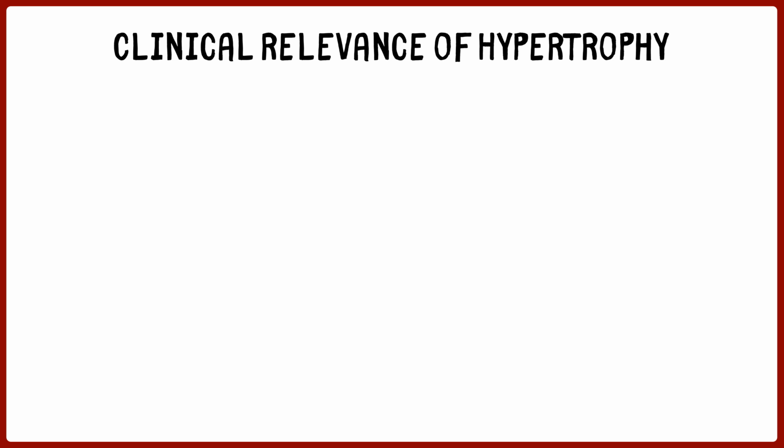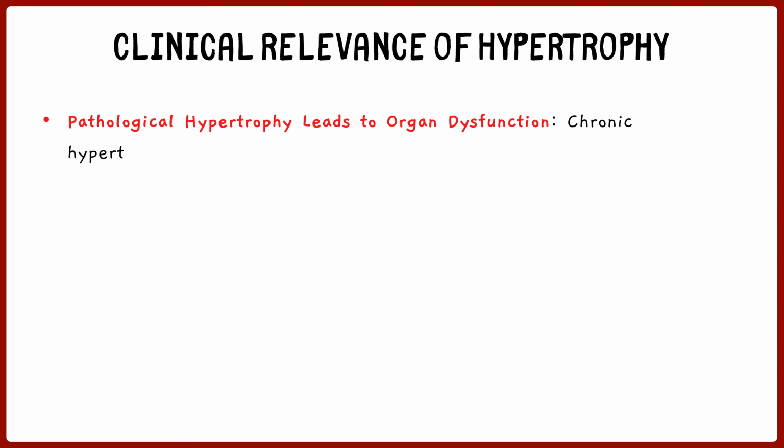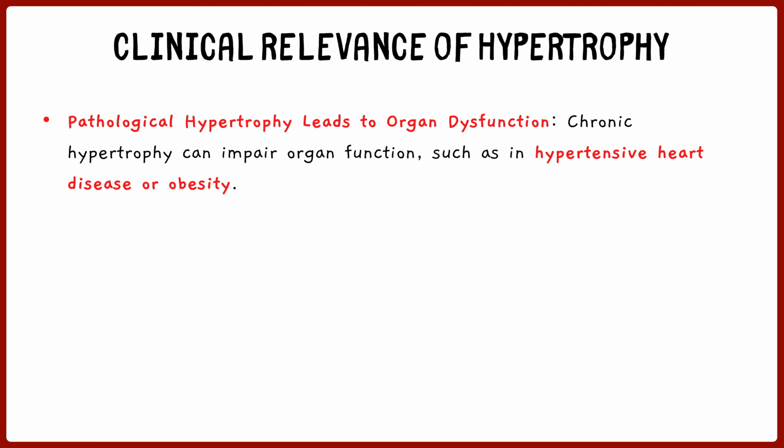So, now that we covered the pathological and the physiological hypertrophies, it could be very obvious what the clinical relevance of hypertrophy is. Because hypertrophy isn't just a process that's happening in the body, it has clinical implications, which are very real. The pathological hypertrophy, especially when it's chronic, it can lead to organ dysfunction.